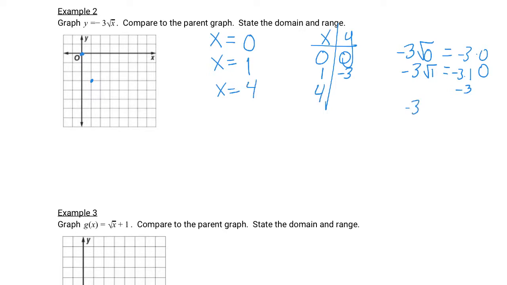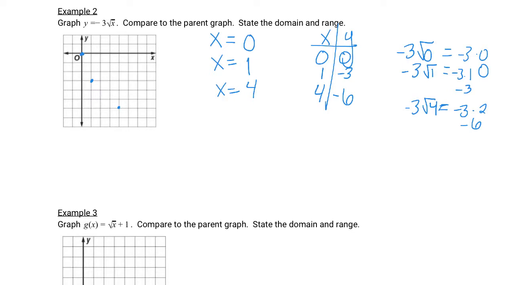That's -3 times the square root of 4. The square root of 4 is 2. So that's -3 times 2, which is -6.